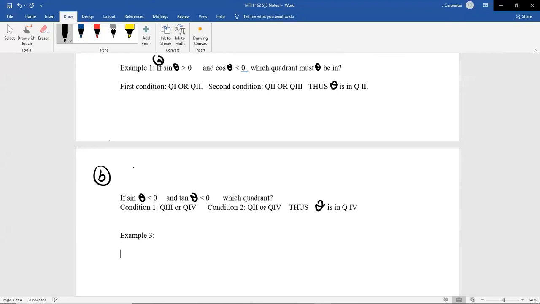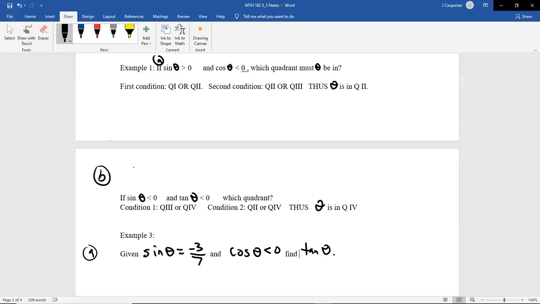And for A, given that the sine of your angle is equal to -3/7, and the cosine of the angle is negative, let's find the tangent of the angle.